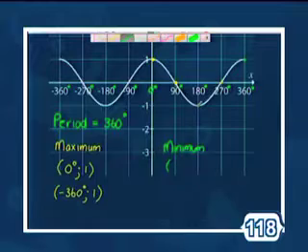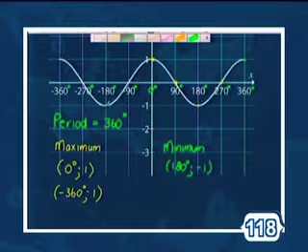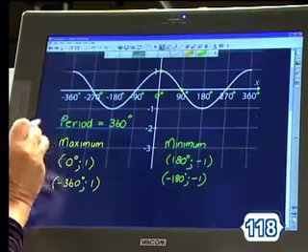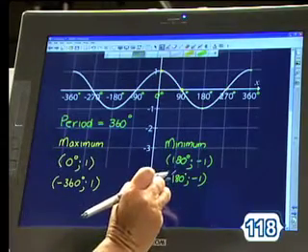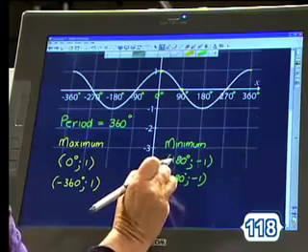You can see here is where it comes down to an all-time low, which is going to be at 180 degrees with minus 1. And you guessed it, if you come 180 degrees left, it takes us to minus 180 degrees with minus 1. So our period is exactly the same as the sine, but we've got different peaks and different troughs. So our minimums and our maximums are different.